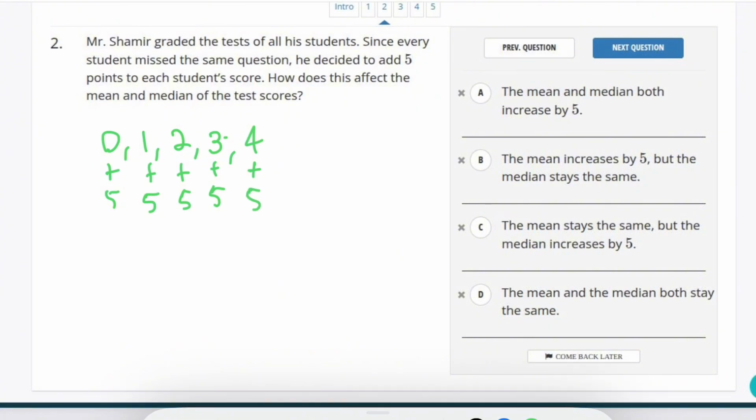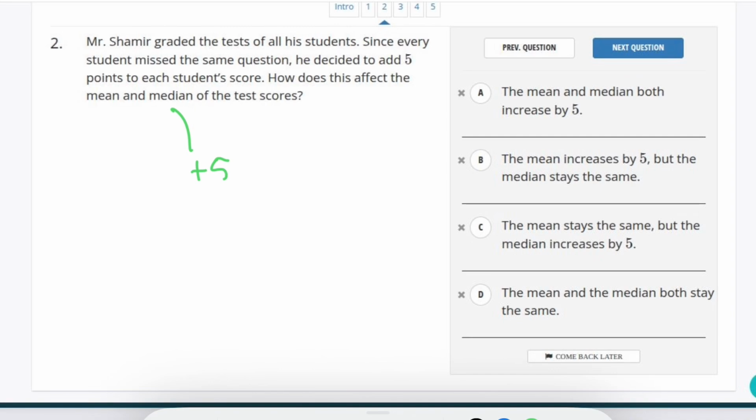It's just that all the data is added by 5. So the median will just be added by 5, from 2 to 7. That's the same in our case of the test scores: it's added by 5, so we know that the median will be added by 5.